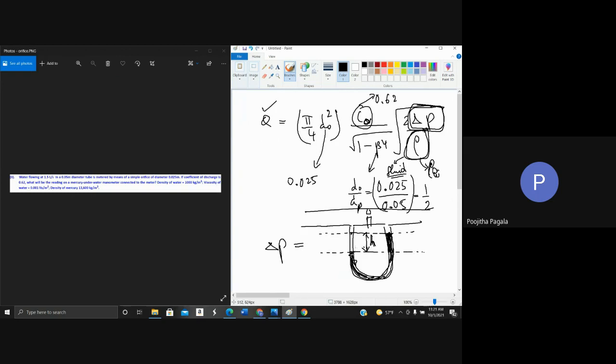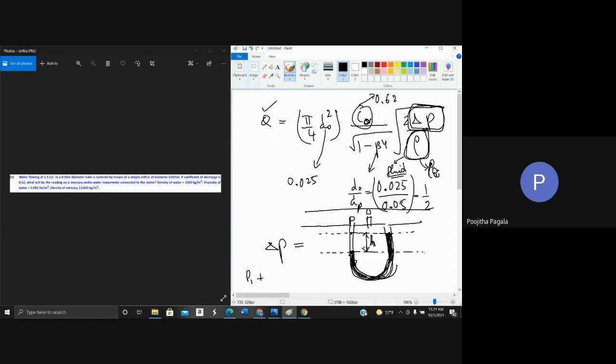And the height is h. So pressure at this point will be same as the pressure at this point, because it is the same fluid. So what is the pressure at this point? Let us say here the pressure is P1.